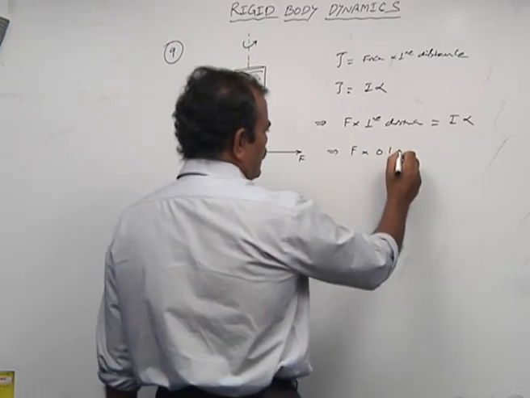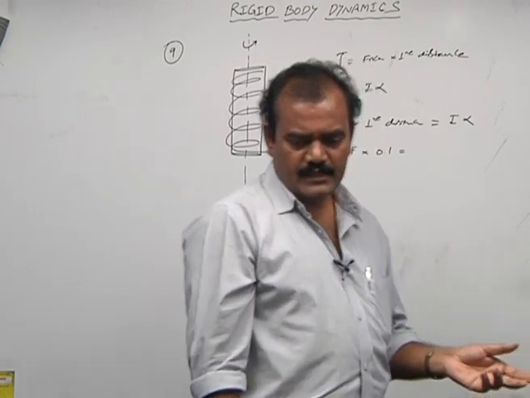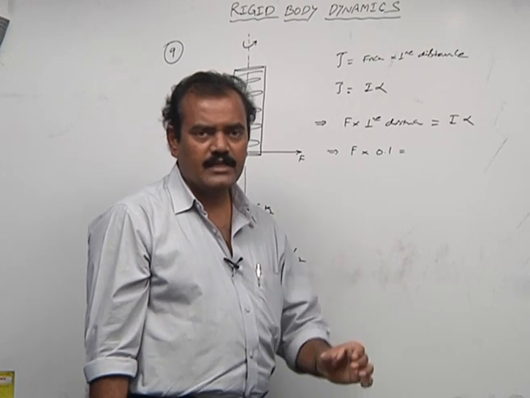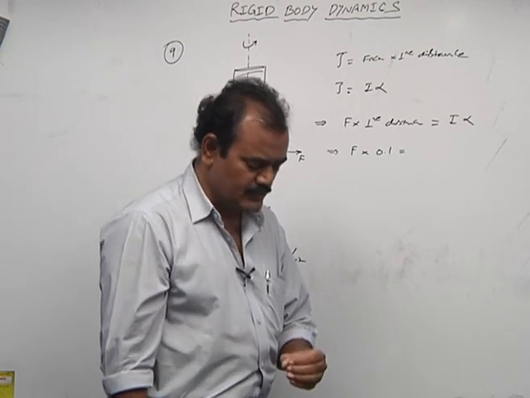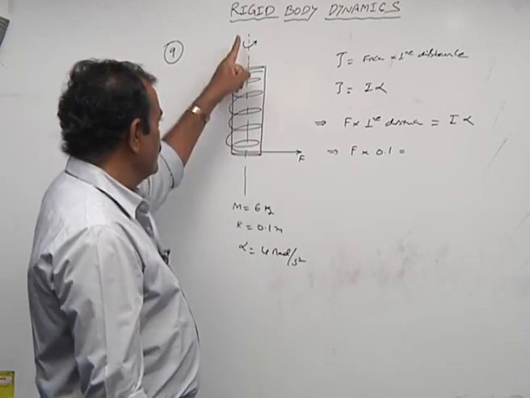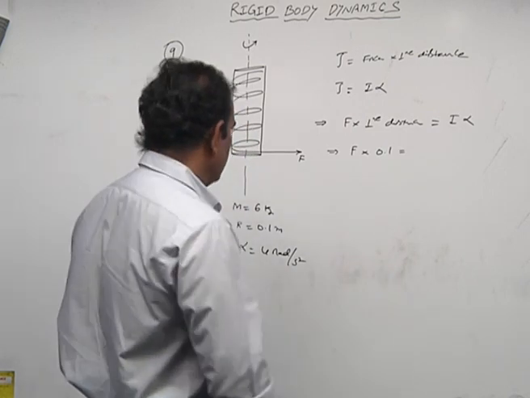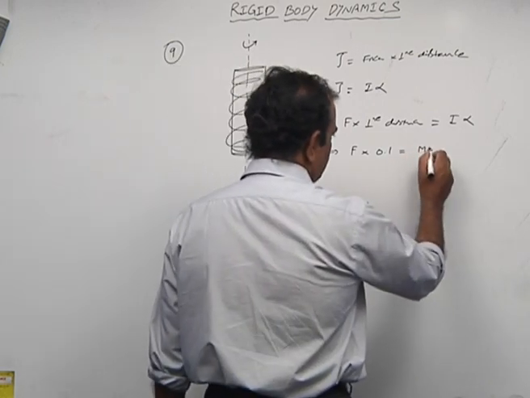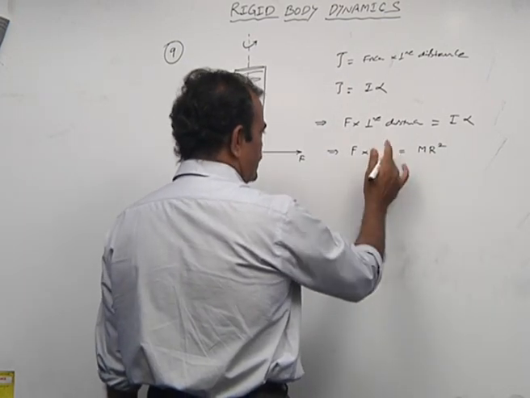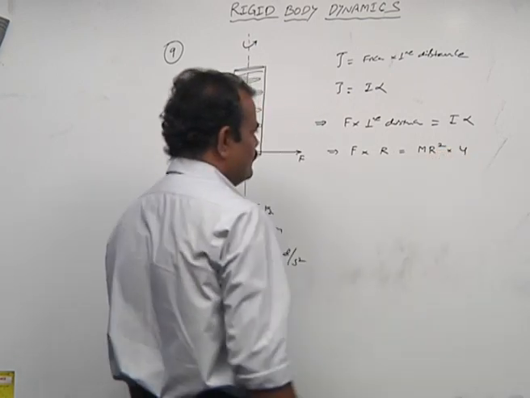Here it is I alpha, and that is a hollow cylinder. In case of a hollow cylinder, it is nothing but the circular ring about its natural axis, so the formula is MR square. So MR square is here, the perpendicular distance is capital R, and alpha is already given, it is 4.